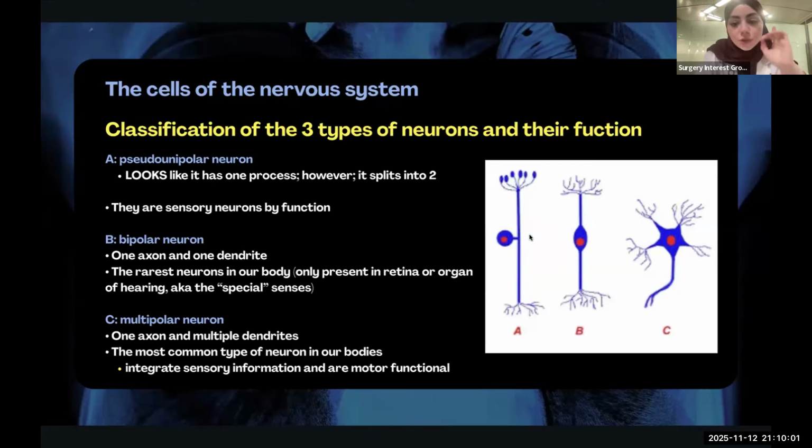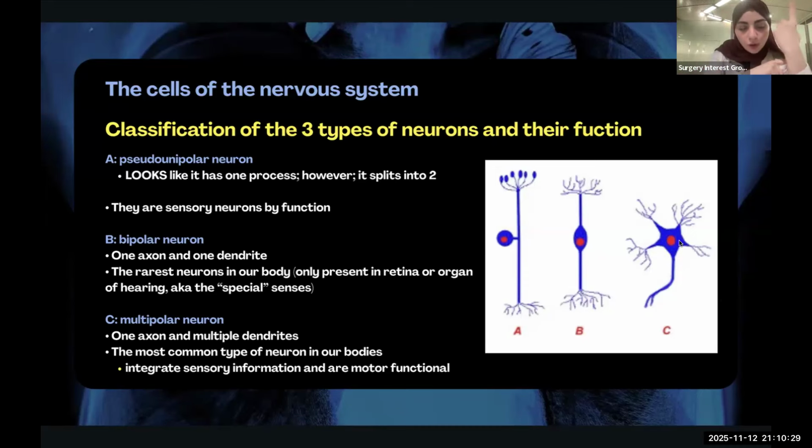First of all, what does pseudo mean? Fake, exactly. Unipolar: uni means one, polar means pole. As you know from the anatomy of the neuron that we discussed, we have the cell body and an axon, so it has poles, it's a polar body.